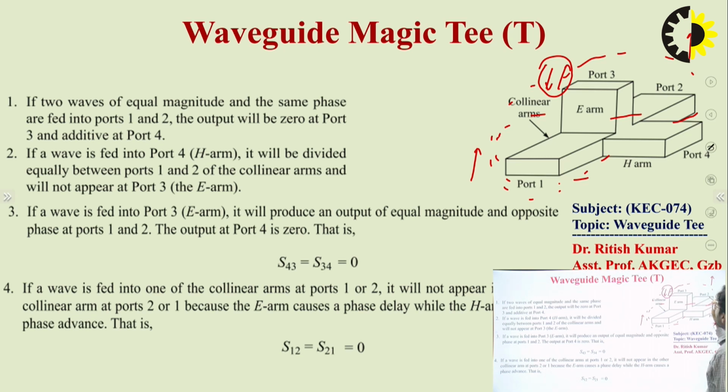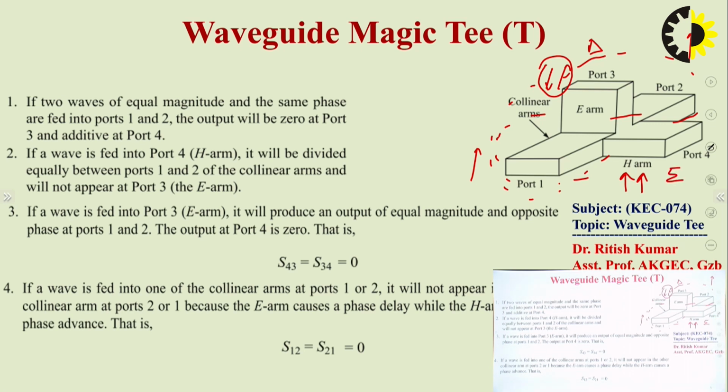So, we can say this port is acting as a subtracting port. It is represented by delta, while in the case of the H arm you will have the E field from both port number 1 and port number 2 in the positive direction. So at this port you will have the summation of these two fields. So, this port is known as the summation port here.